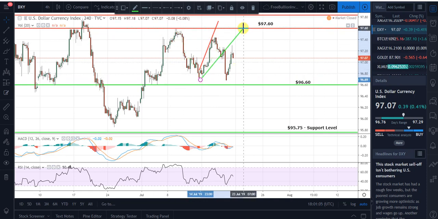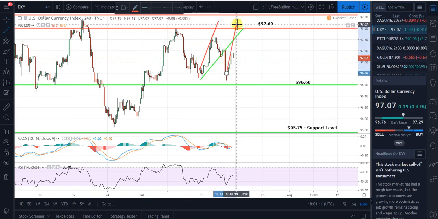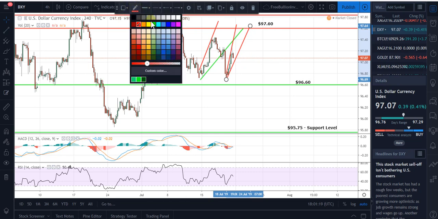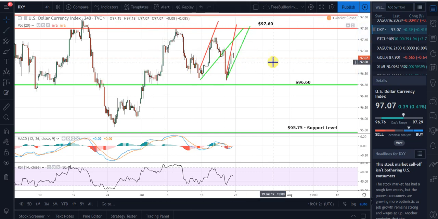And really what I continue to see out of the market is more negative patterns out of the US dollar. And that's what I'm showing you here. We have rising expanding wedges, which are really bear flags.